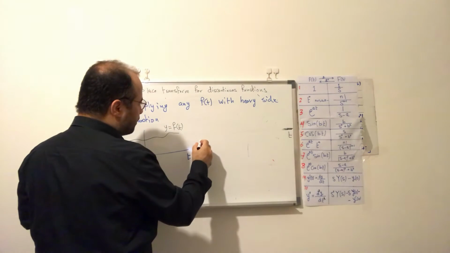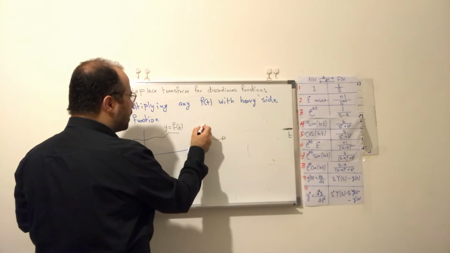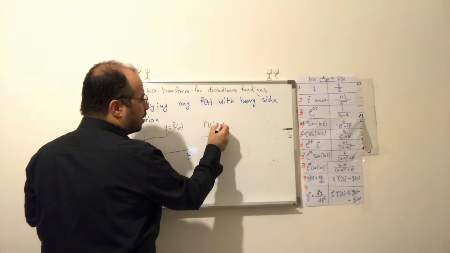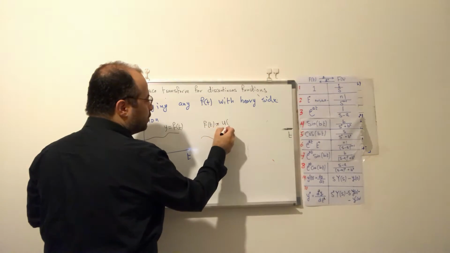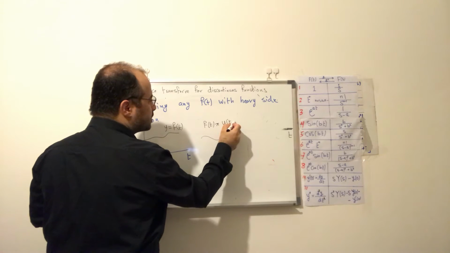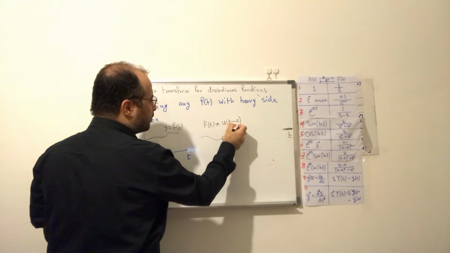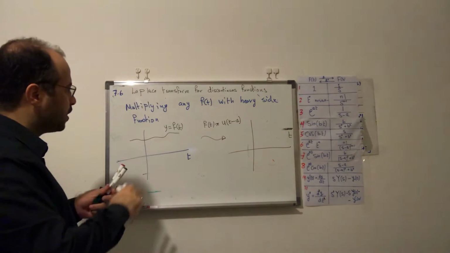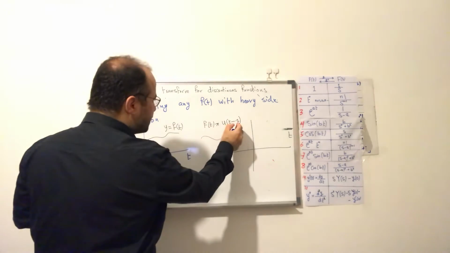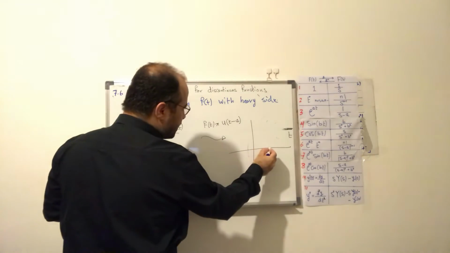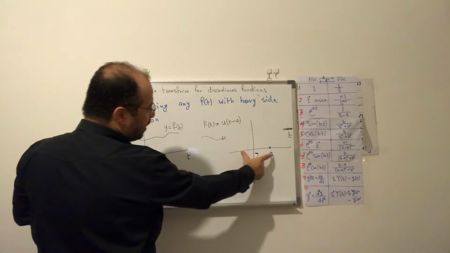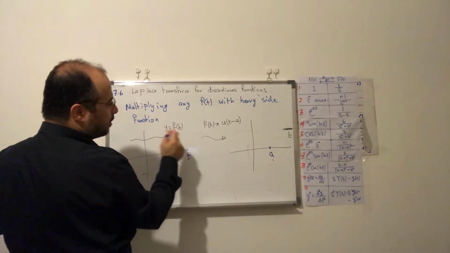What about if I do f of t times u of t minus a? So what's going to happen to the graph? I'm going to show you. Here is the a, right? When you are less than a, then you are multiplying with 0.